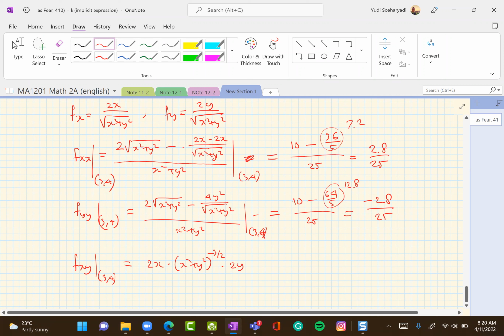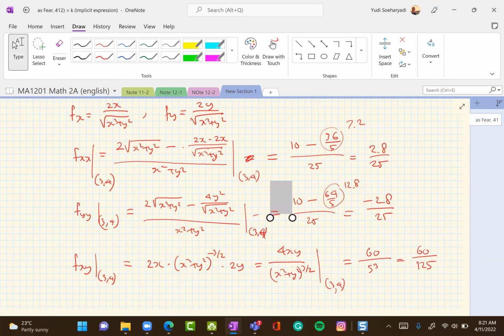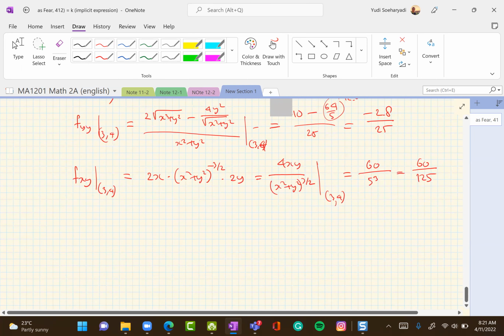So, okay, for xy, compute at 3, 4. You get something that looks like 4 times 3 times 4, 12, 12, 16. This is 5 cubed there.